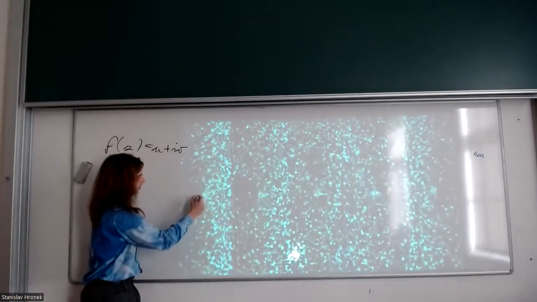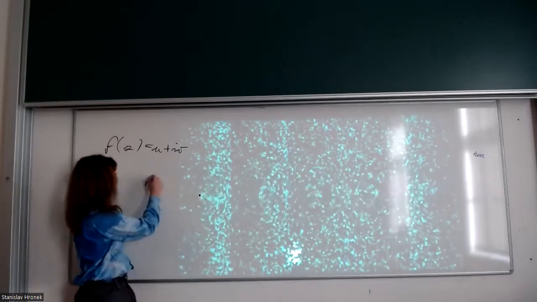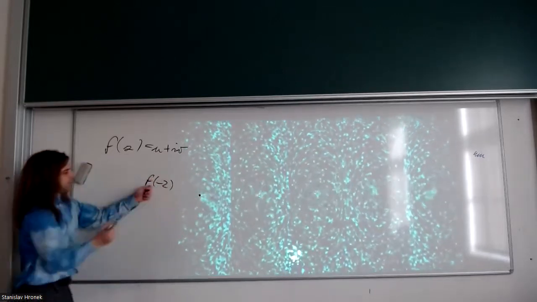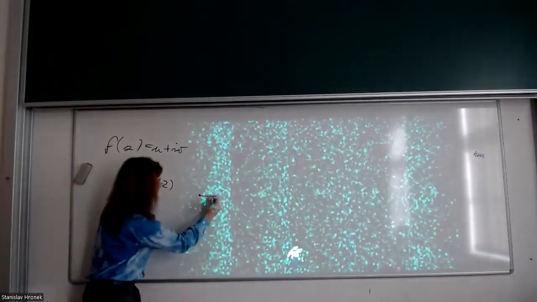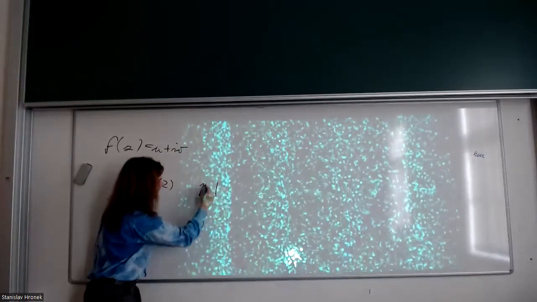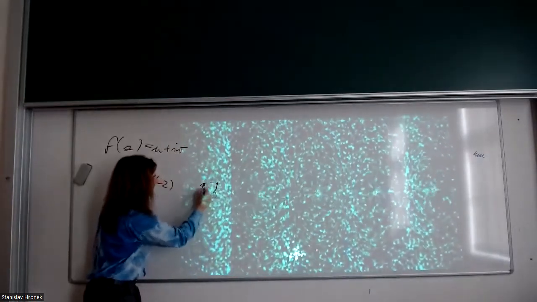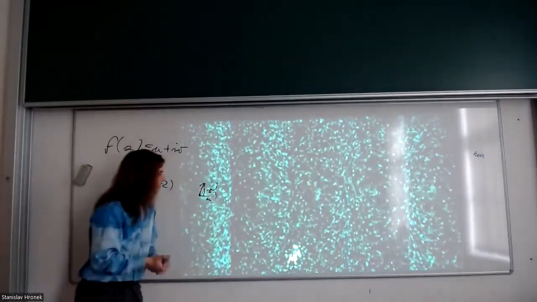So for instance, I would go to this point, and here I would find out what the f at this point is, and I would just draw it. Something like that. So I can do this for each point in the plane.